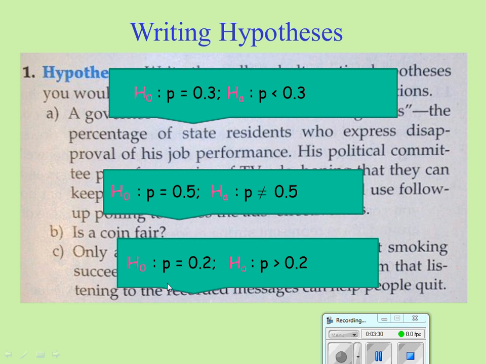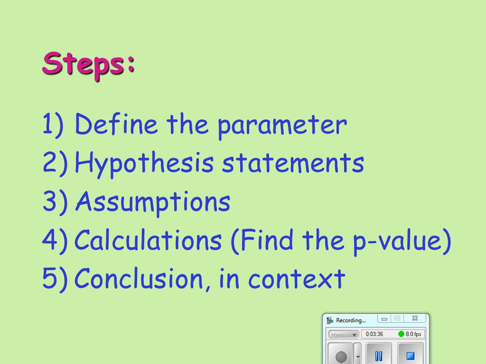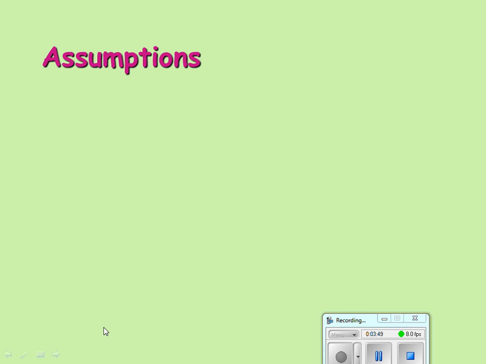All right, so now that we've taken a look at some hypotheses examples, let's go on to our steps. I mentioned this earlier, we have our 5-step process. We've talked about our parameters and the hypothesis statements. So next is the assumptions. Since this is a z-test, we are looking for our normal model, so we have to make sure that we do those same things.